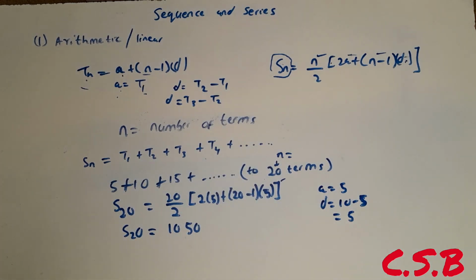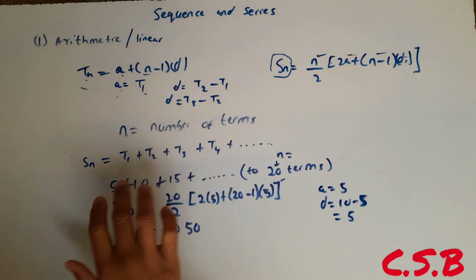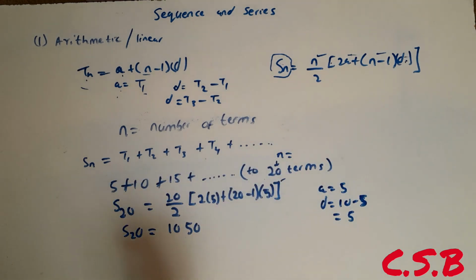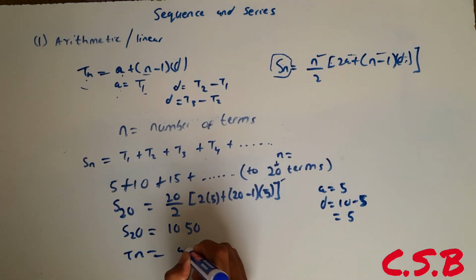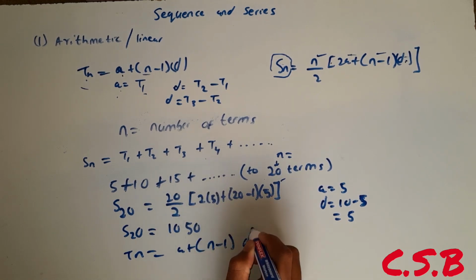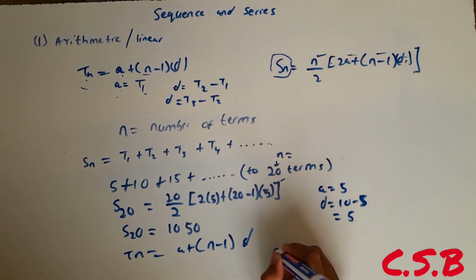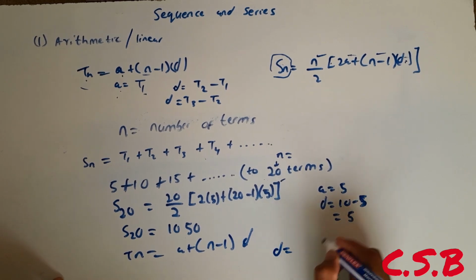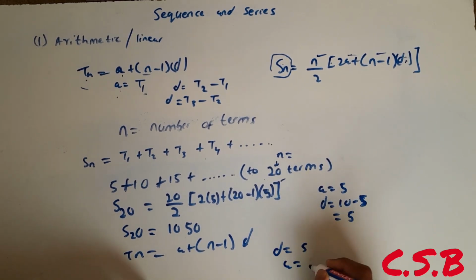So let's now find the general equation for this sequence. We could say Tn is equal to a plus (n minus 1)d. The difference is 5, and our a is 5 as well.